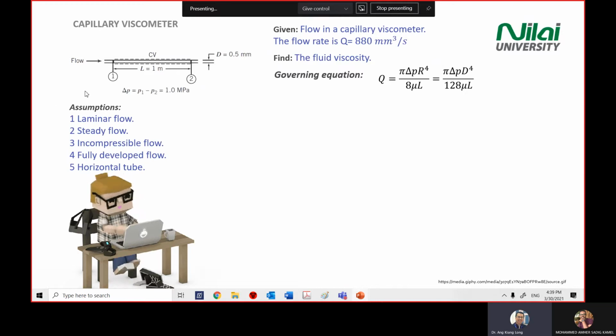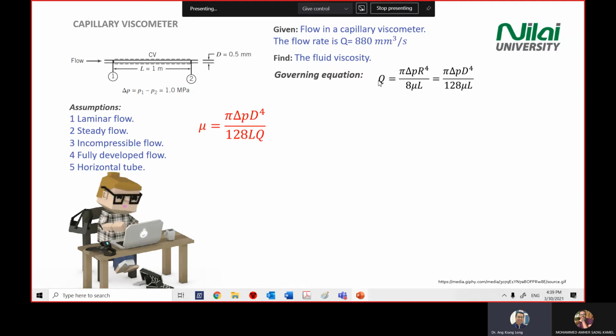What is important is that when we use this Q equal to pi delta P R to the power 4 over 8 mu L, remember that this equation is for laminar flow. This equation only works for laminar flow, and steady flow, incompressible, fully developed, and a horizontal tube, meaning there's no angle, no elevation differences.